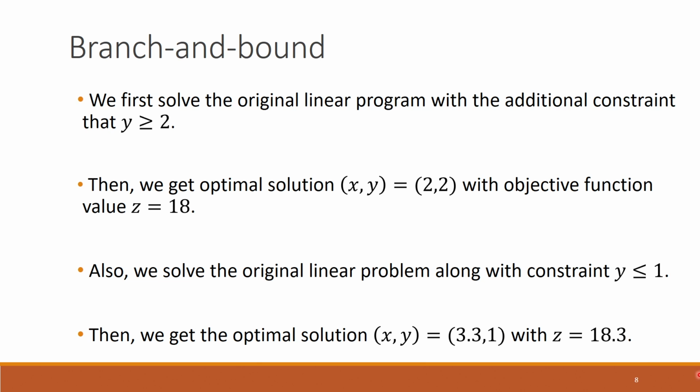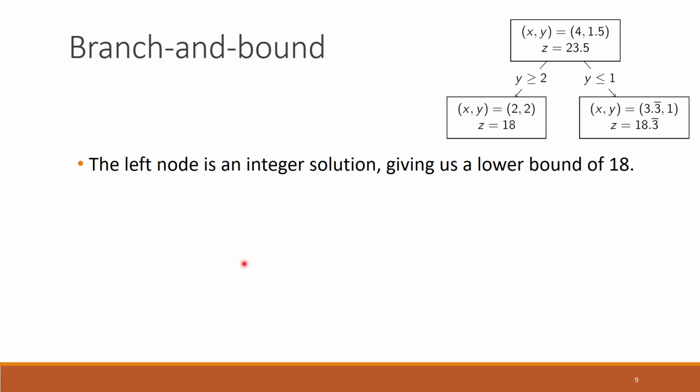Similarly, when solving this linear program, we have all the constraints of the original linear program plus y less than or equal to 1, and the feasible region is the orange portion shown in the previous slides.